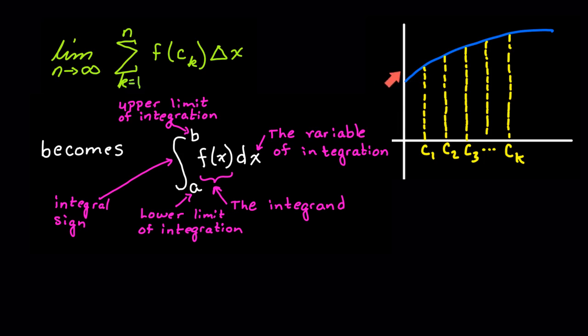However, what you want to think about is this limit as n approaches infinity, because as n approaches infinity, that means the number of our rectangles is going to get larger and larger, and as the number of rectangles increases, the base of the rectangle will decrease, because in order to get more rectangles in here, you'd have to have a very small base.